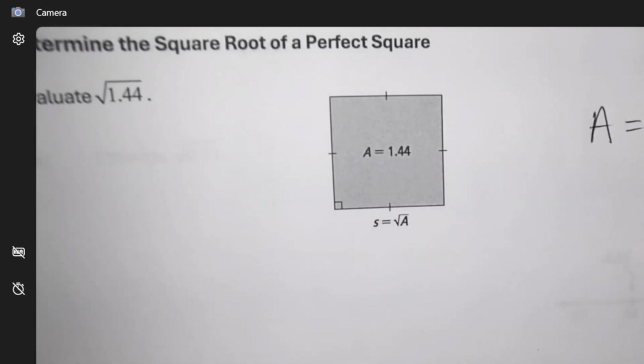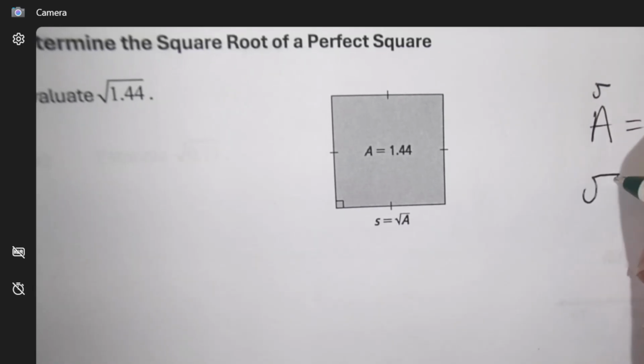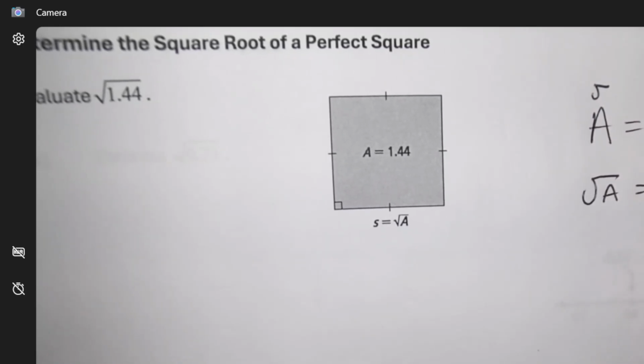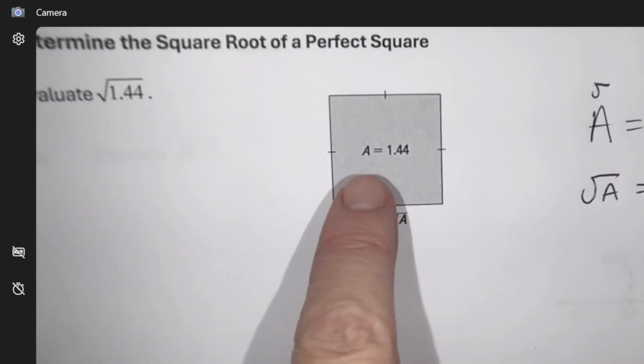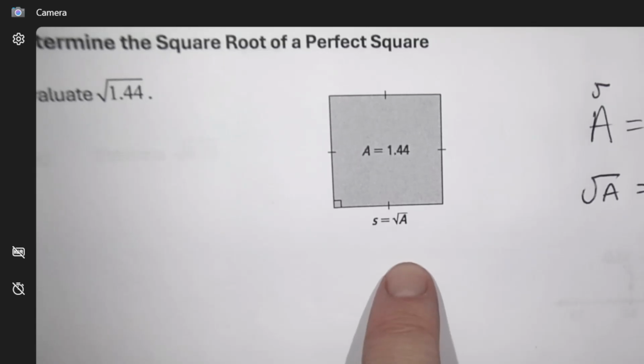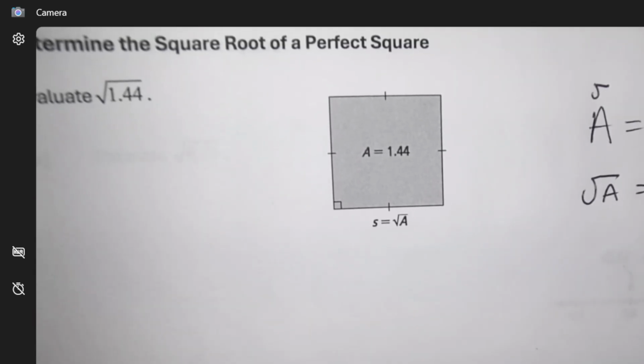Divide S by S. Dividing won't work. How do I undo this square? Square root it. So if I square root that and I square root that, the area is the side squared, the side is the area square rooted. Opposite. Square, square root. Opposites, right?